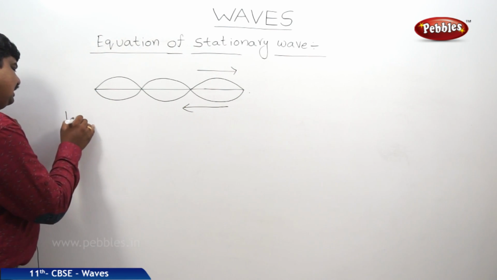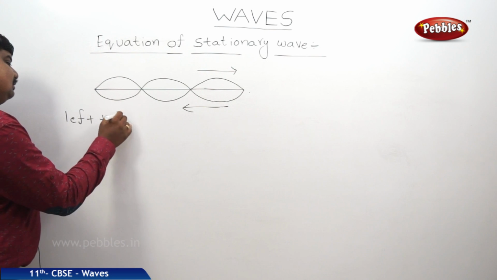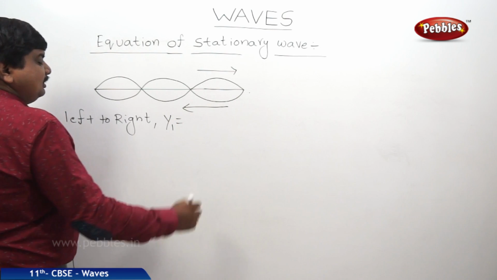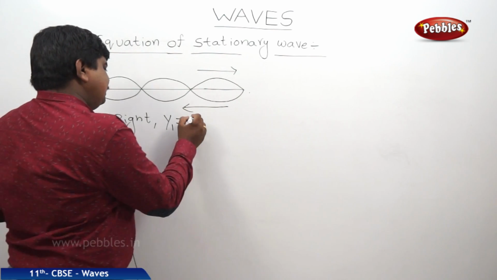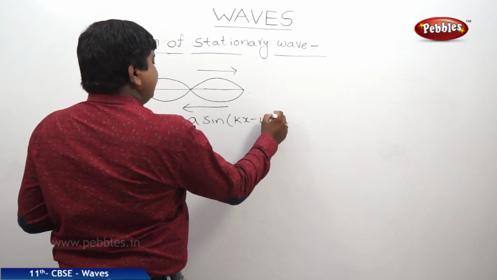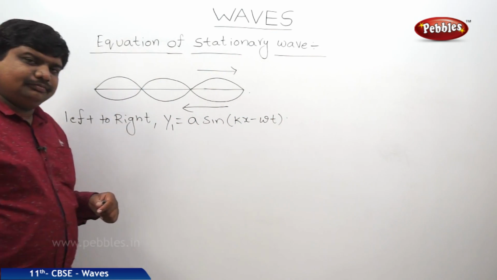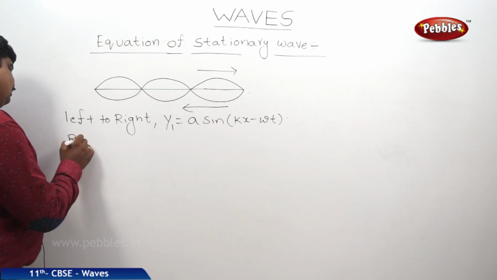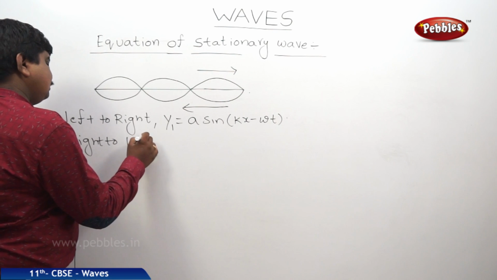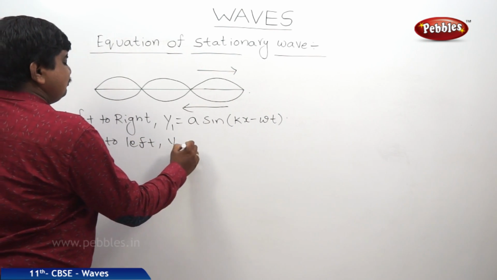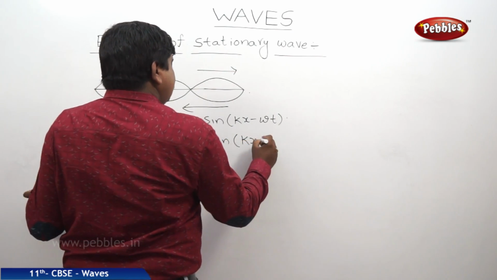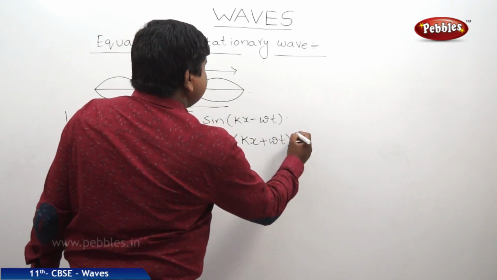So from left to right, let us suppose the displacement is y1. The equation is a sin(kx minus omega t). From right to left, let us say the displacement y2 is a sin(kx plus omega t).